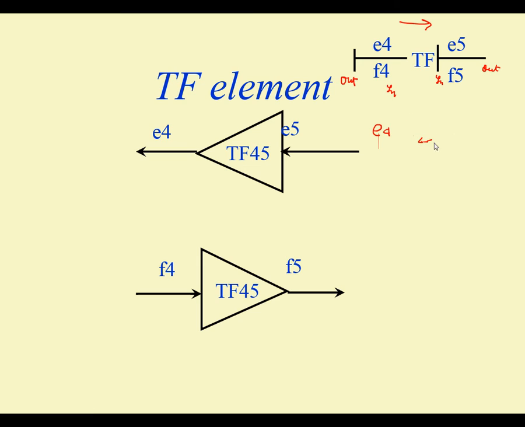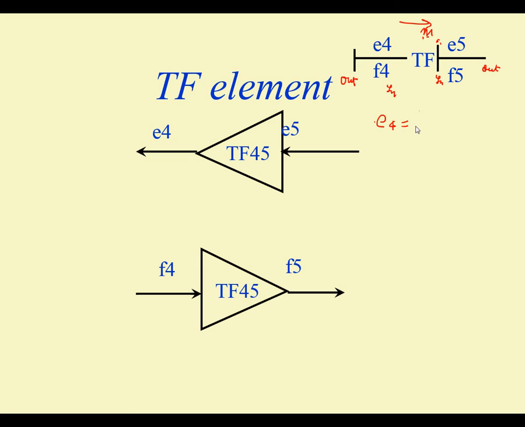We need to do a better job. If this is the output, it follows that E4 has to be the input times something. The way you read it is E4 is E5 times the modulus here, M.